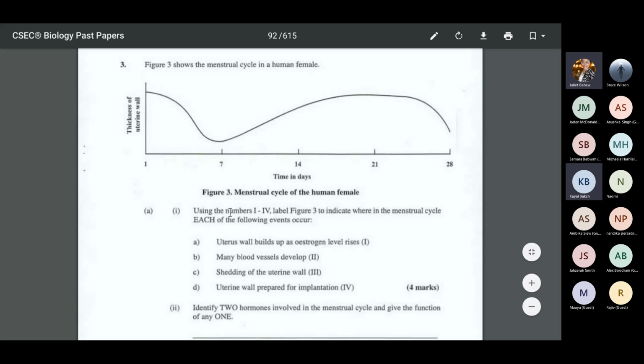A, part 1. Using the numbers 1 to 4, label figure 3 to indicate where in the menstrual cycle each of the following events occur. So these are the labels. 1, uterus wall builds up as estrogen level rises.